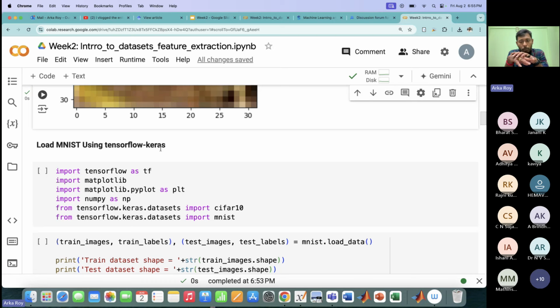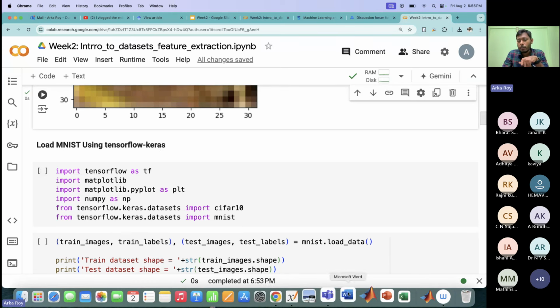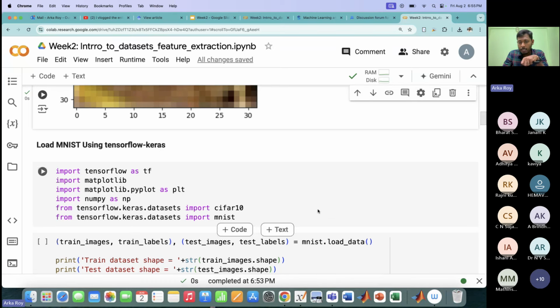Previously, if we had to use Keras, we explicitly had to write some scripts for Keras, and if we had to use TensorFlow, we had to write explicitly. But now they have merged with each other. So if I have to use TensorFlow to load any sort of dataset, I'm using the MNIST dataset for TensorFlow. I'm importing TensorFlow as tf.